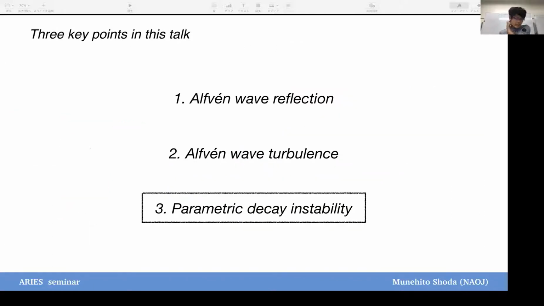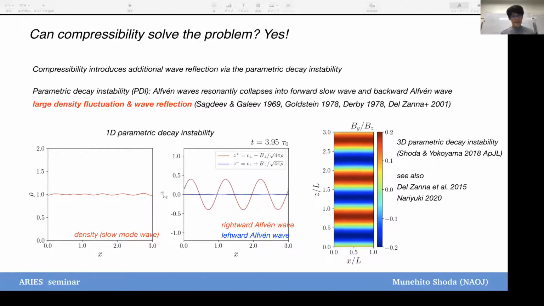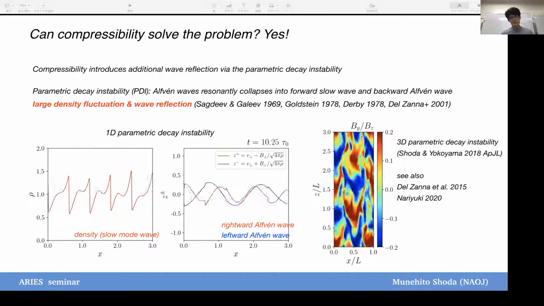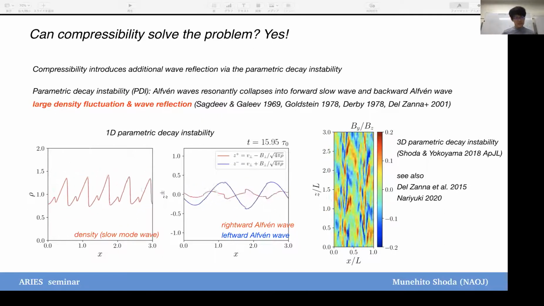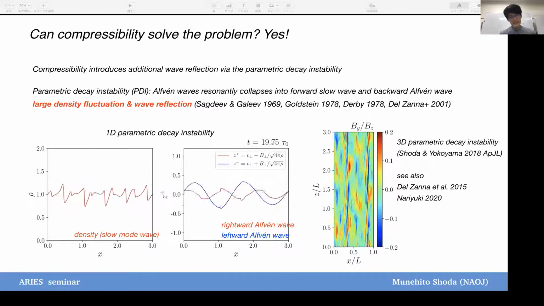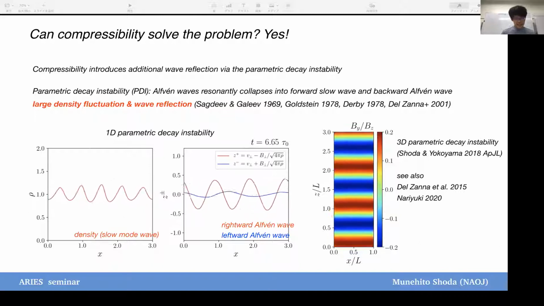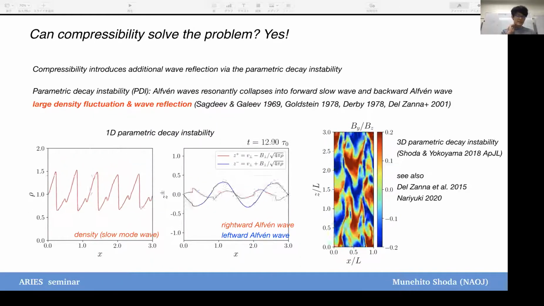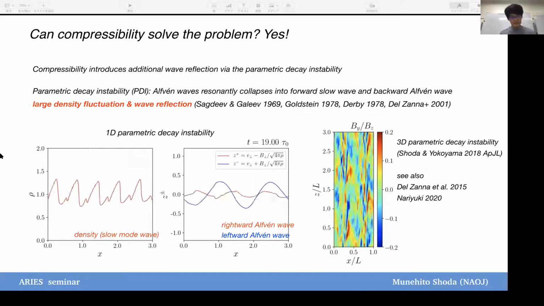And I will move on to the third topic, the parametric decay instability. So we had a problem that the reflection is too small, or equivalently, the turbulence is too weak. And can we solve that problem by compressibility? And the answer is yes. Actually, if we take into account the compressibility of plasma, then it introduces an additional process, which is called the parametric decay instability.